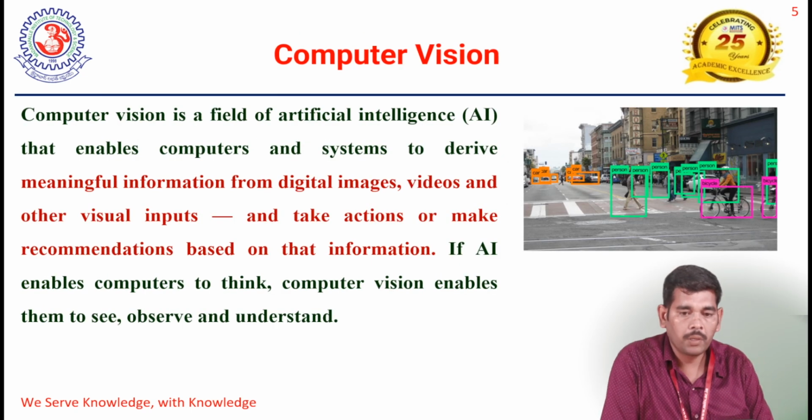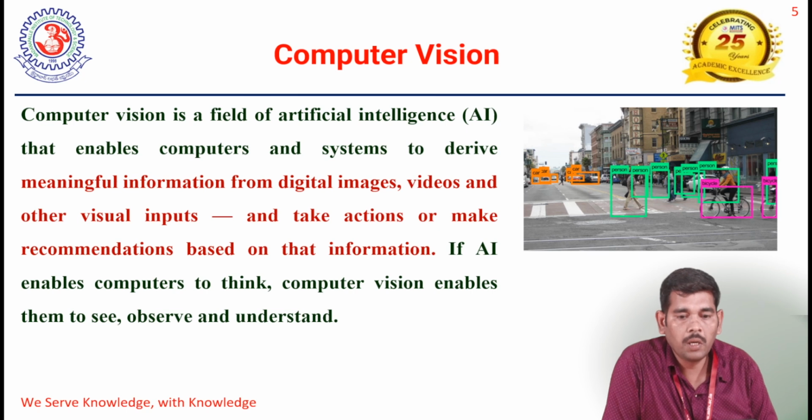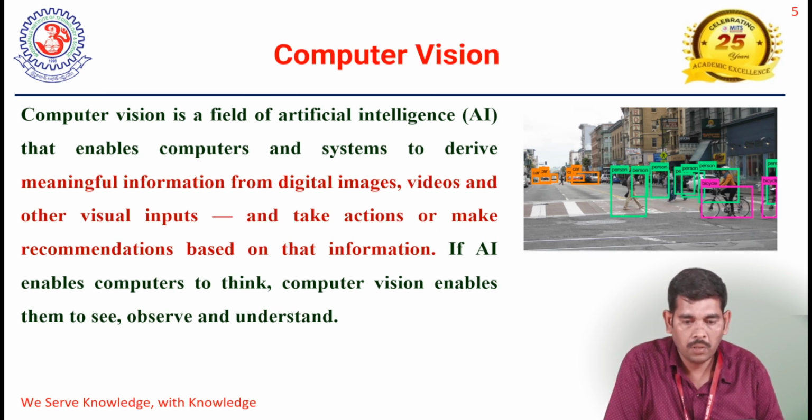The next topic is computer vision. There are the same topics: computer vision versus human vision. Computer vision is a field of artificial intelligence. Nowadays AI is very famous and popular, and computer vision is one of the AI fields.